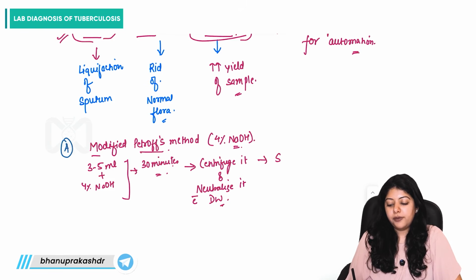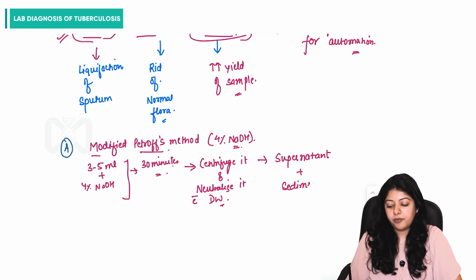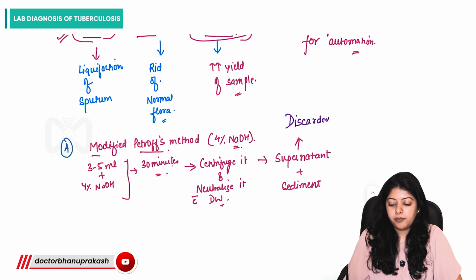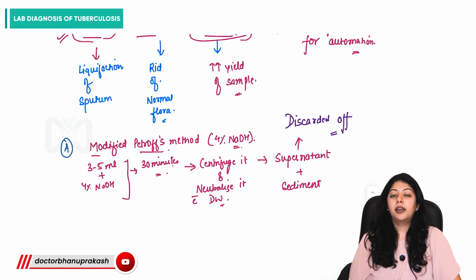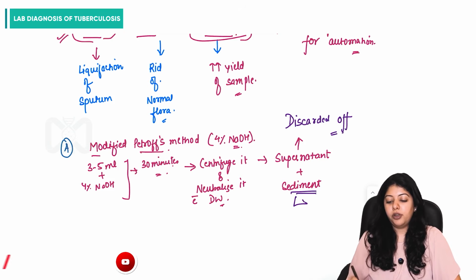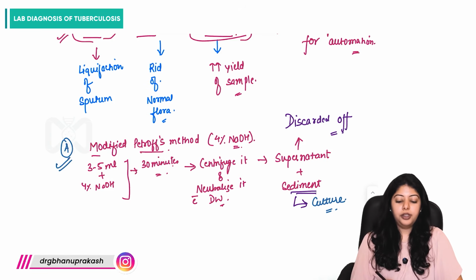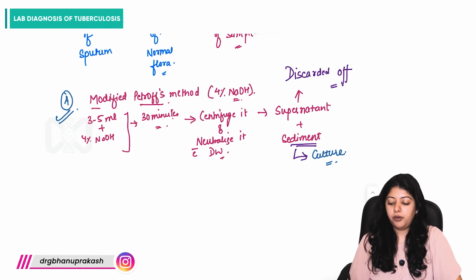Finally we have the supernatant and the deposit, the sediment. The supernatant is discarded and the sediment is used for culture. This method is more favorable for conventional culture methods.